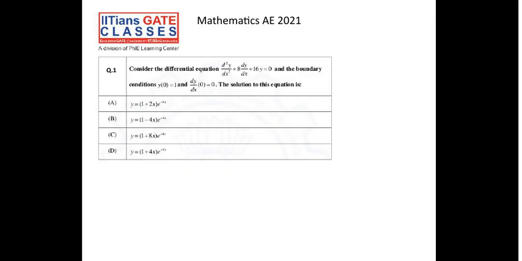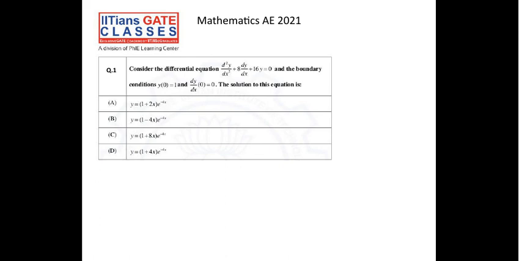Here's the first question. Consider the differential equation d square y by dx square plus 8 dy by dx plus 16y equals 0 and the boundary conditions y of 0 equals 1 and dy by dx of 0 equals 0. The solution to this equation is, so let's start by writing the characteristic equation.